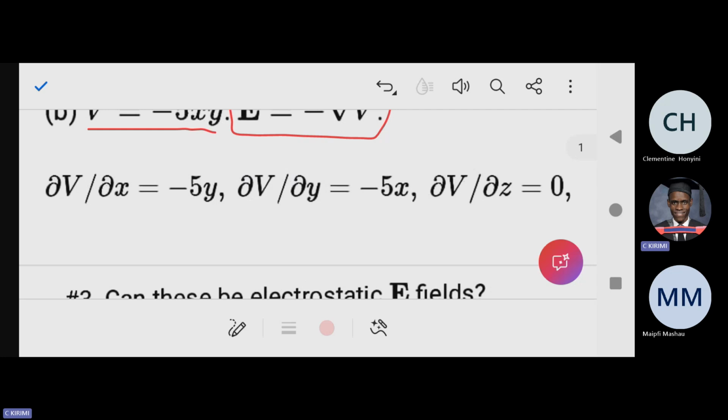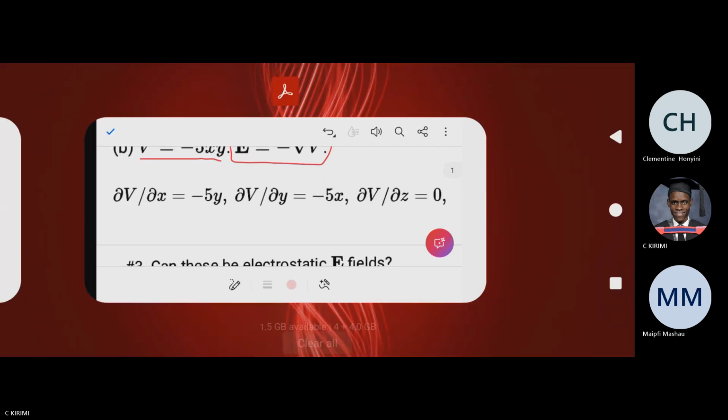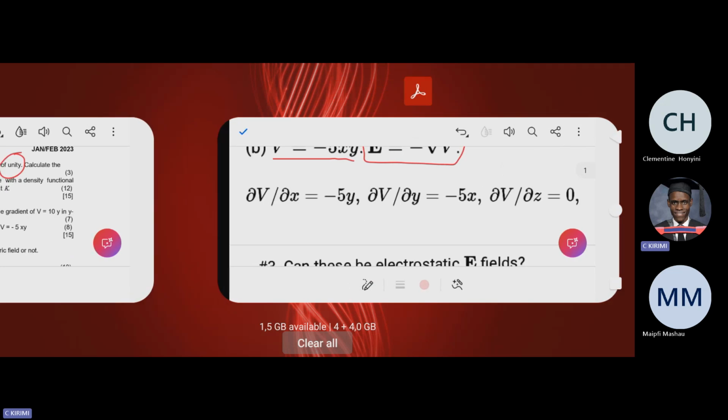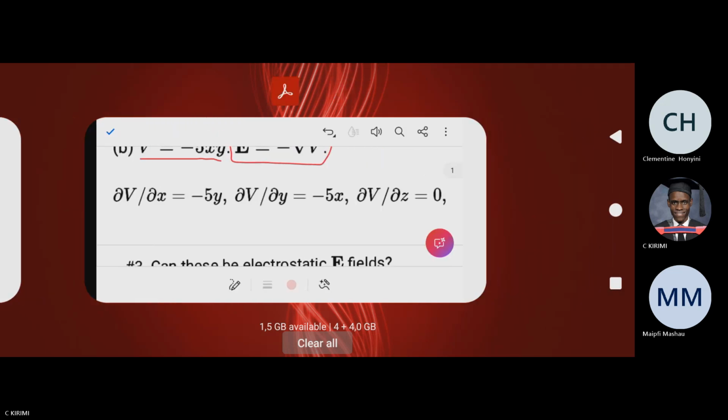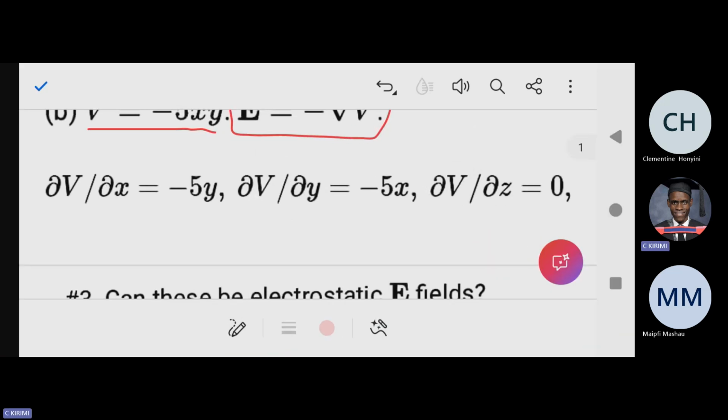So the question itself, your E is minus grad V. That will be your electric field. So my E as a vector is equal to, in the x, minus 5y.